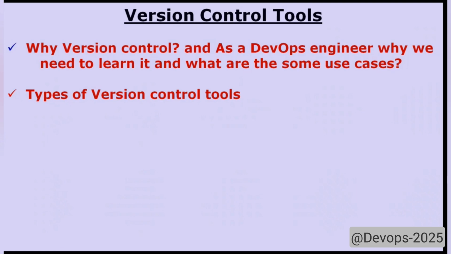Not only the development team, but sometimes production teams come, sometimes the QA team comes, sometimes the testing team comes, because they refer to test cases, and the production team refers to documents or MOPs, the method of procedure. Suppose they need to take a particular document from the Git repository. If the production team faces issues, again they will ping us.